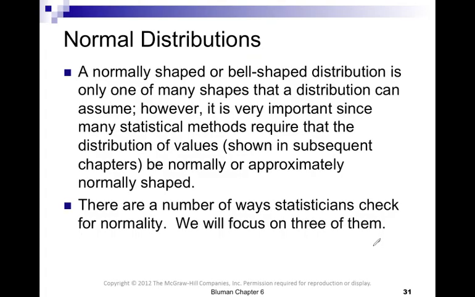Now, a lot of distributions are not normally shaped, but there's a lot we can get from a normal distribution. And if they are normally distributed or approximately normally distributed, then we want to be able to use this information. So there's ways statisticians check for normality, and we're going to talk about 3 of those.